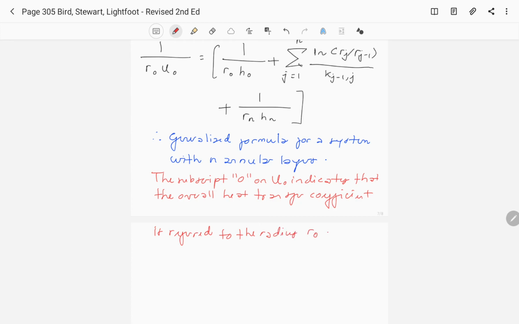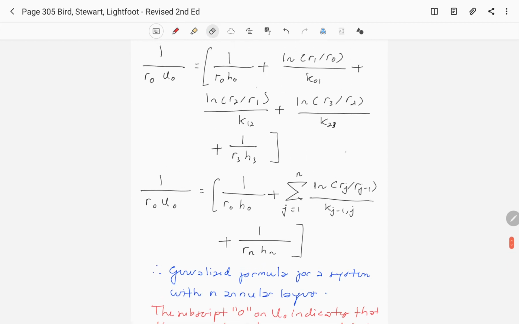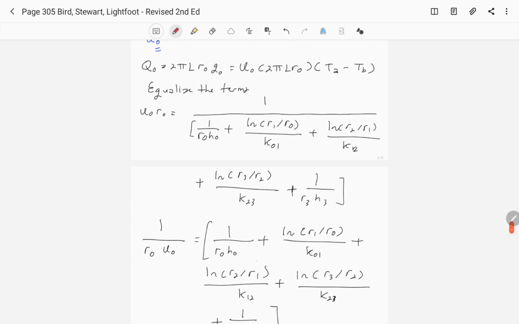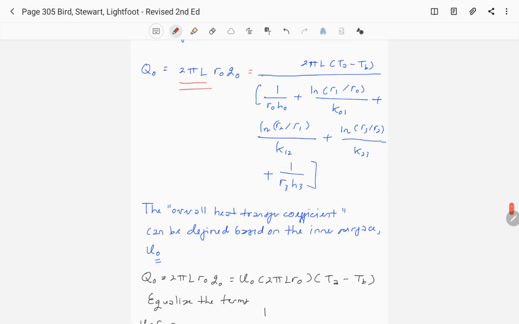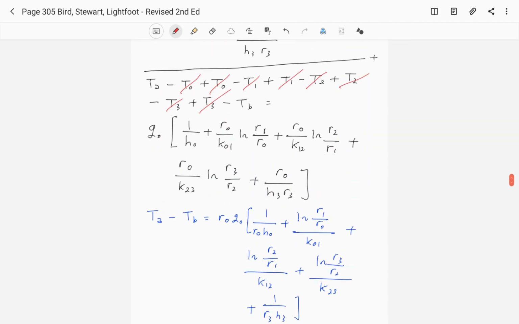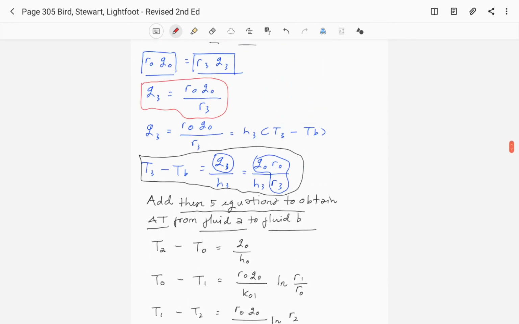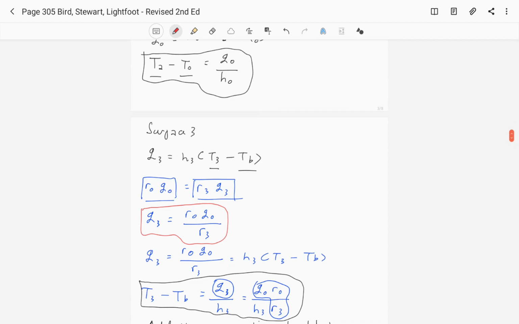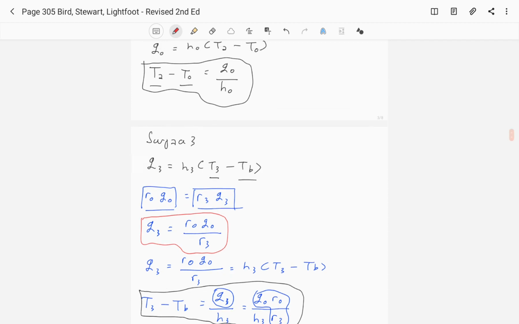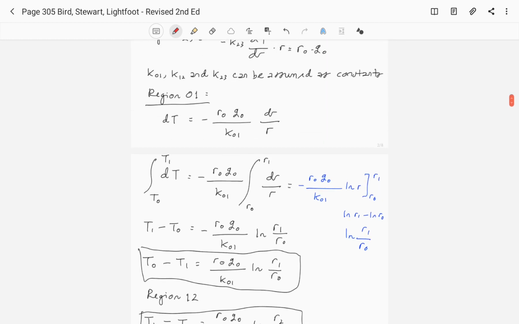Unlike in the previous case where we have flat walls that don't have a curvature effect, the difference comes into the preserved quantity, which in this case is basically the product between the R and the heat flux.